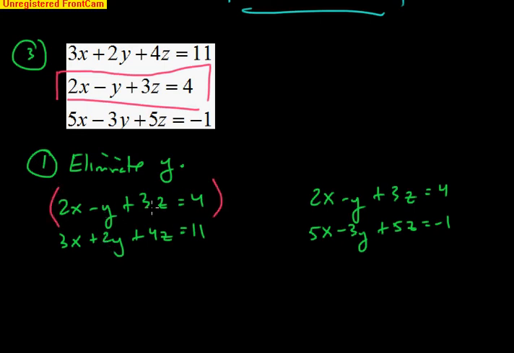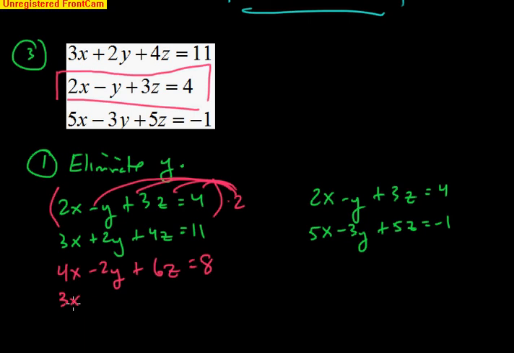It's already a negative, so I just need to multiply by 2. 4x minus 2y plus 6z equals 8. I just doubled everything. Recopy the second equation.